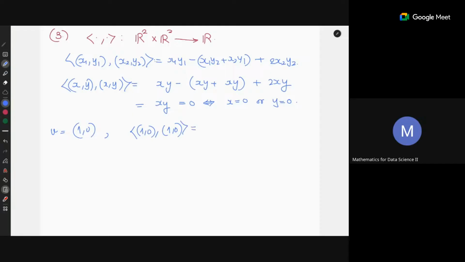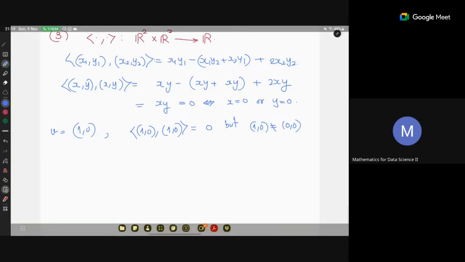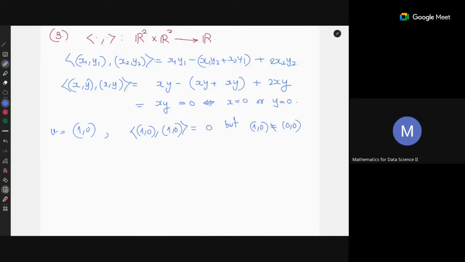It will be 0 because it is just xy. But 1 comma 0 is not equal to the 0 vector. So it does not satisfy the first property, right? So this is not an inner product.